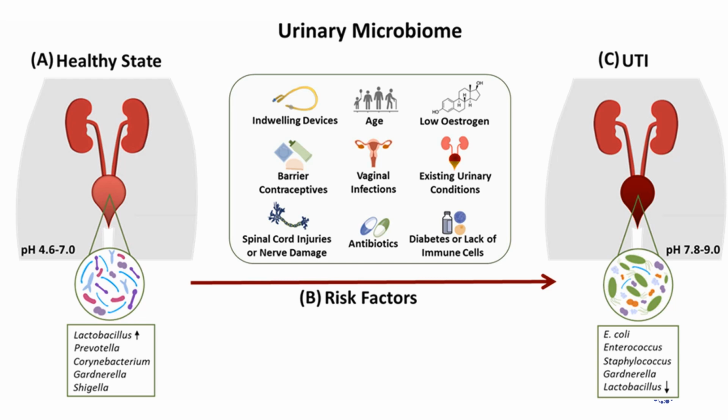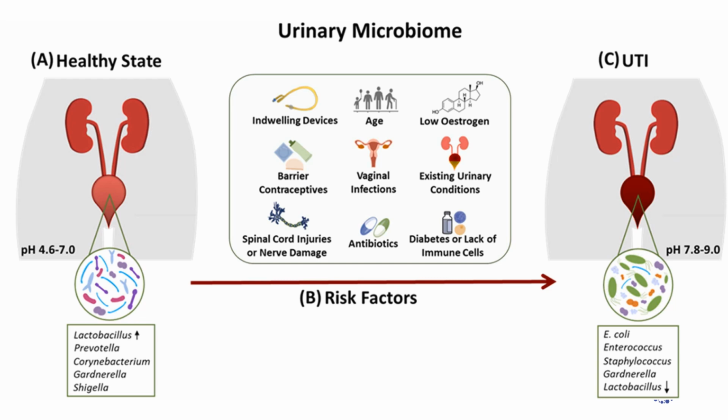However, exposure to different risk factors like indwelling devices like catheters, age, low estrogen levels, barrier contraceptives, vaginal infections, and even existing urinary conditions can lead to UTIs. Spinal cord injuries, antibiotics, and even conditions like diabetes can also increase someone's risk of developing a UTI.